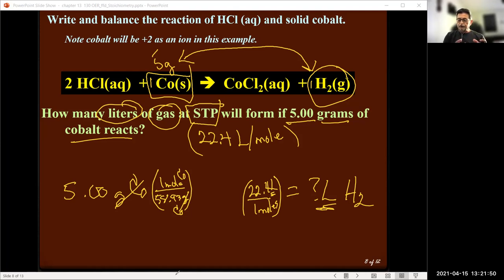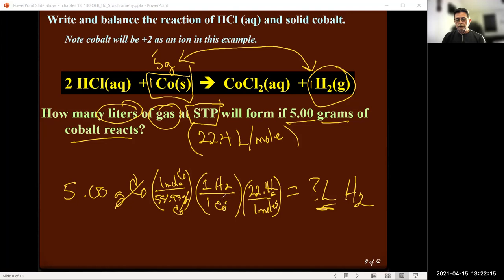Now, that's how much material I started off with in grams. I converted that to moles. Now I need a factor to get me to moles of hydrogen. That comes from the balanced chemical equation, which tells me the stoichiometric relationship is 1 hydrogen to 1 cobalt.